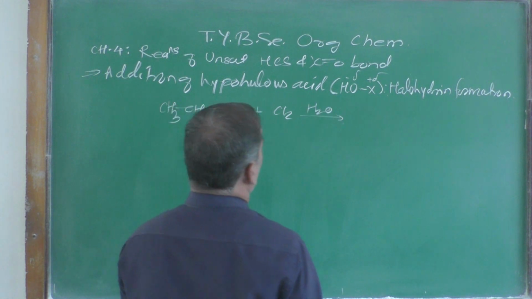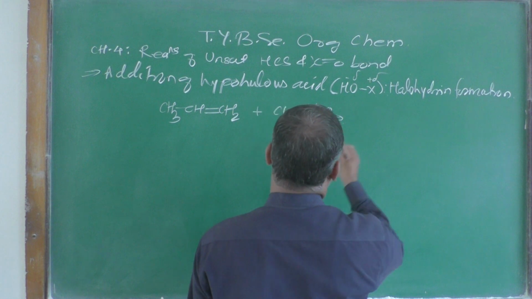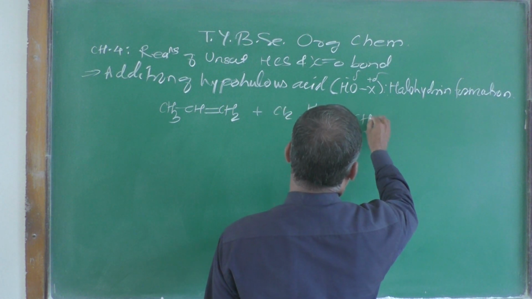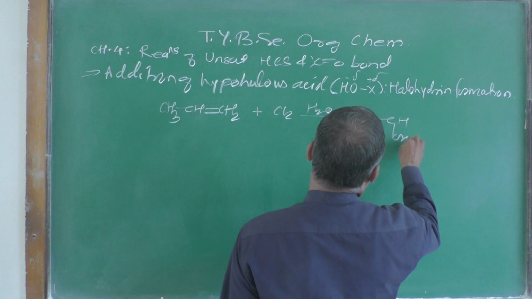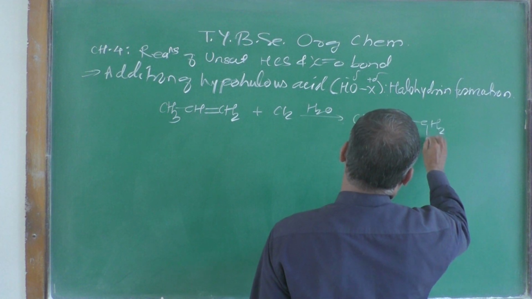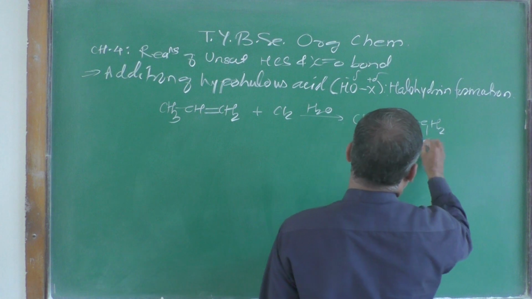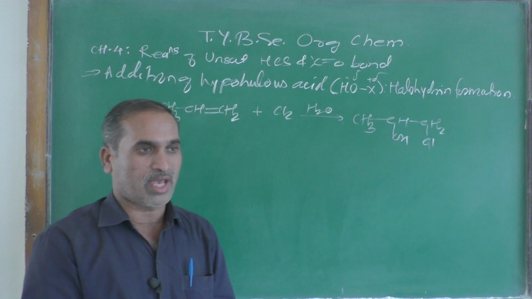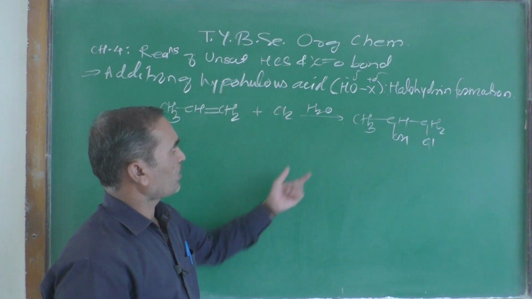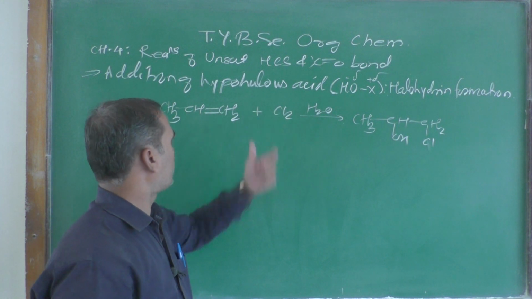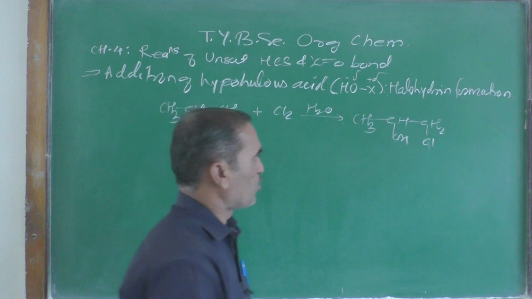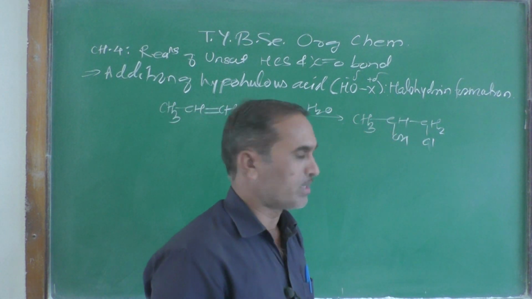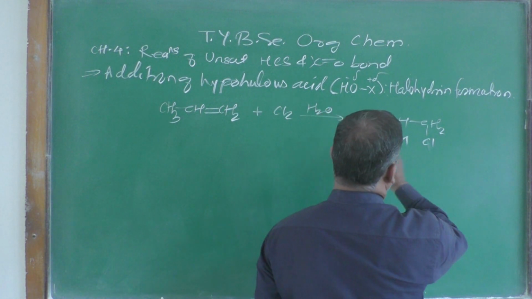What does it give? The product formed, according to Markovnikov's rule, is CH3 CH OH CH2 Cl, with the chlorine atom here. This is the product we are getting. The whole reagent is completely consumed, and we get this type of product. What will be the IUPAC name of this compound?